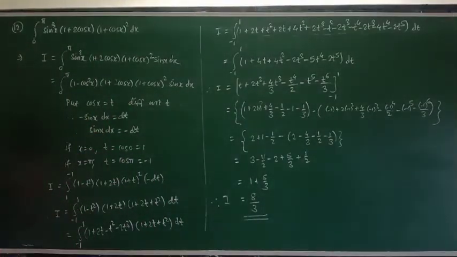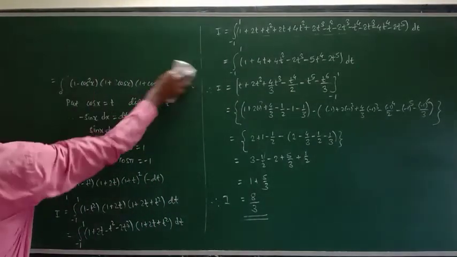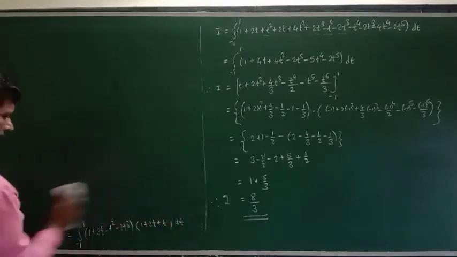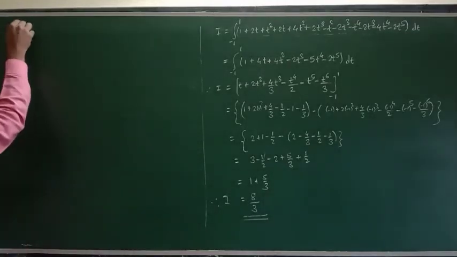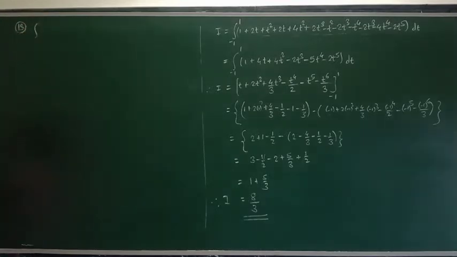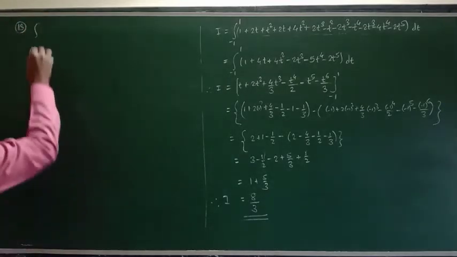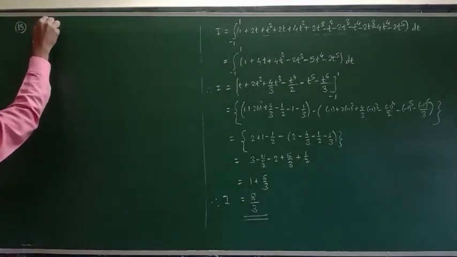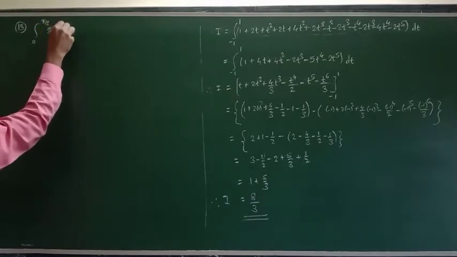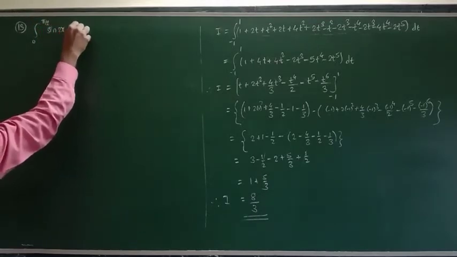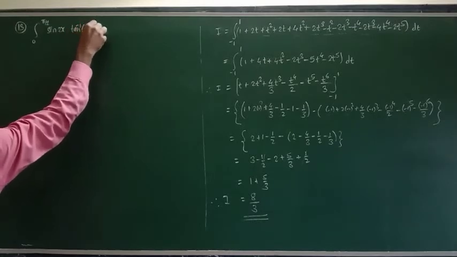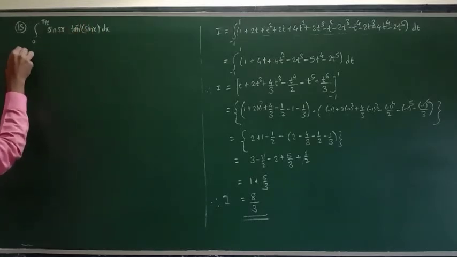Now see the next example, number 13. What they have given: the integral from 0 to pi by 2 of sin 2x into tan inverse of sin x dx.